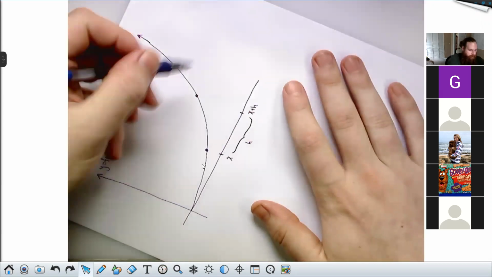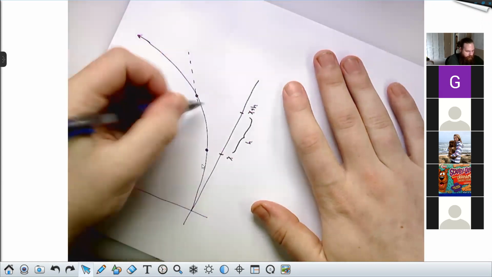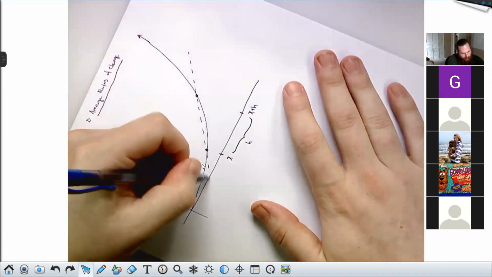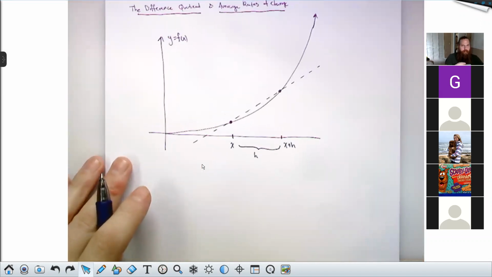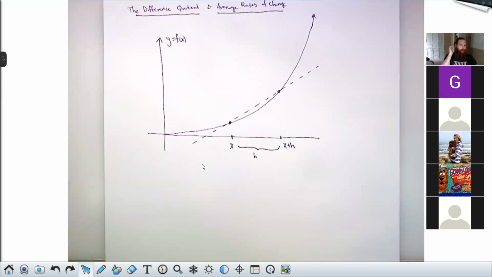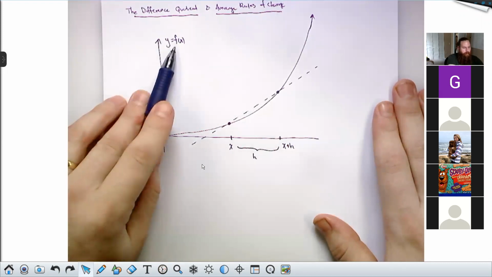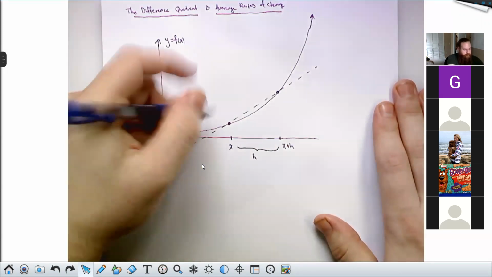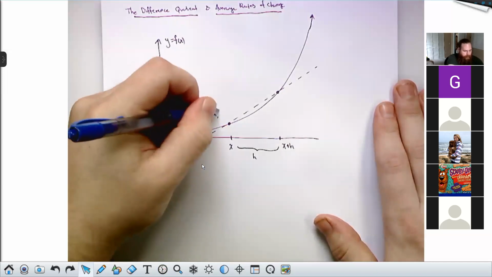So I can come up with a formula for the slope of that line as a function of h. Remember, we're on the graph y equals f of x. So every point is whatever this x value is, comma, f of that thing.